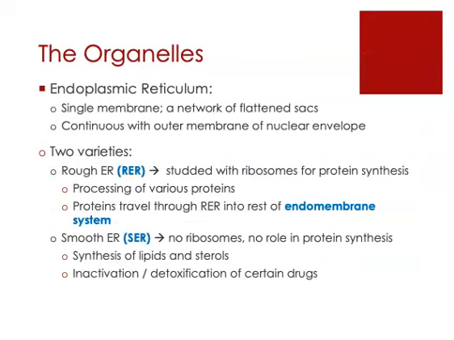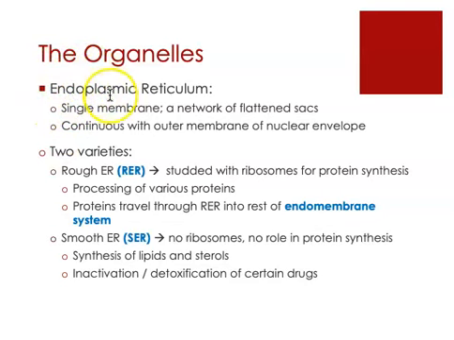Next on the list of organelles is the endoplasmic reticulum. The endoplasmic reticulum is the first of the single membrane organelles. If you translate that term, endoplasmic reticulum, the endo portion of it means within.